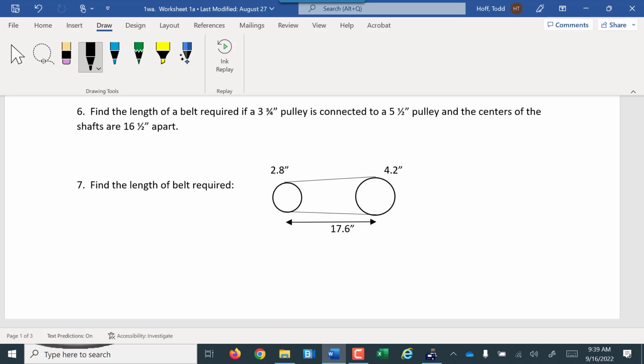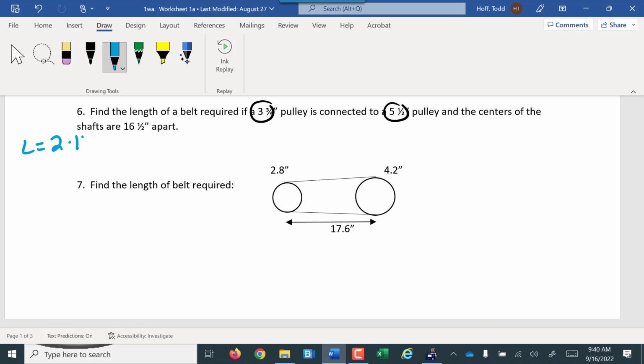Belt length. So we have to remember our formula for belt length. Now remember, we said that if the pulleys are really close to the same size, there's a much simpler formula. These are probably just far enough apart with 3 3/4 and 5 1/2 that we might have to account for that difference. Let's do it both ways and see how it comes out. So the long formula is that length equals 2 times C, which is the center to center distance.